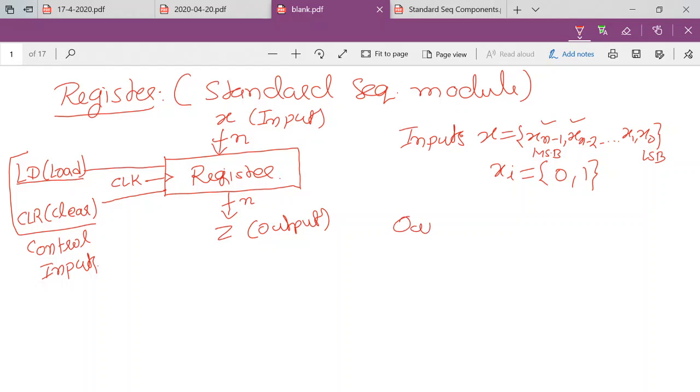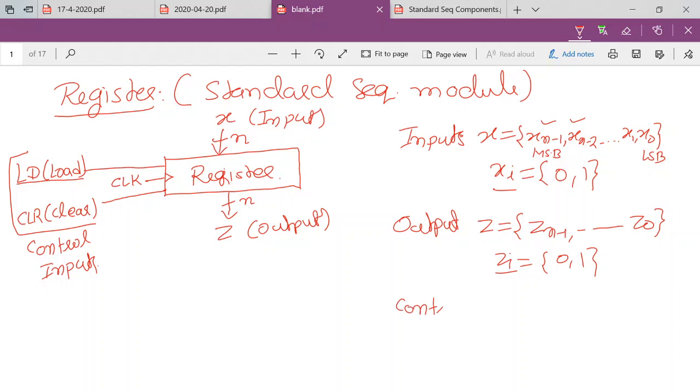Then you can write down the output Z, again of n bits, as Zn minus 1 to Z0. Although it does not require that we mention xi and zi, because if it is given that Z0 to Zn minus 1 are bits, they can only take a value of 0 or 1.